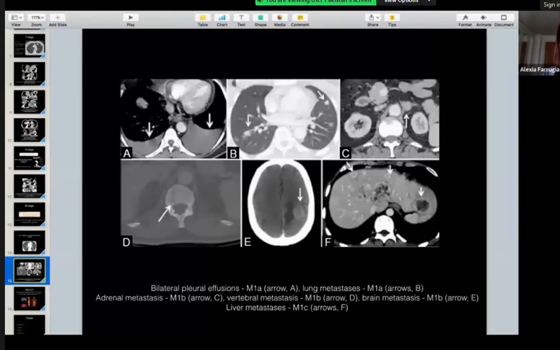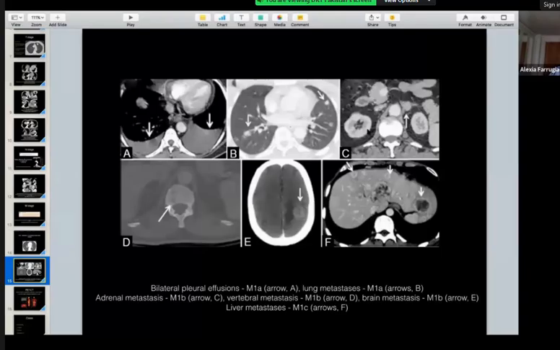On these multiple images, in the first image, image A, we can see bilateral pleural effusions. If these were malignant on cytology, then this would be an M1A tumor. Lung metastasis, bilateral lung metastasis in image B is also M1A.